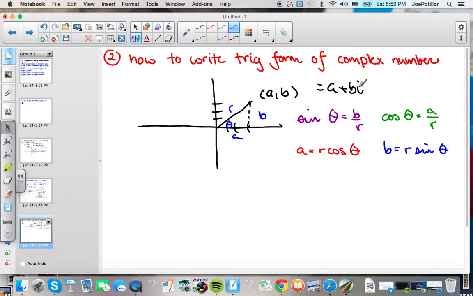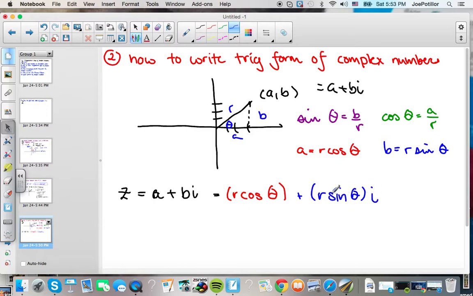From here, I just substitute it back into the expression. z equals a plus bi. And of course, a is r cosine theta plus r sine of theta times i.